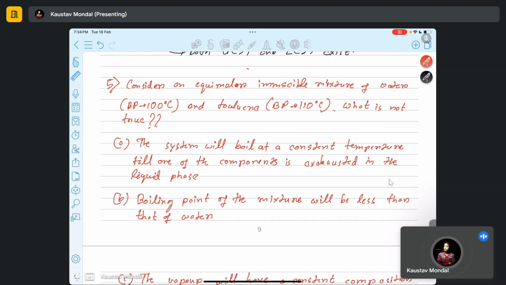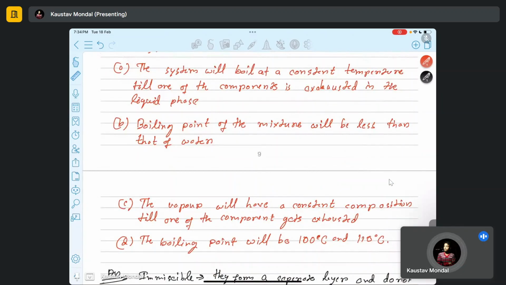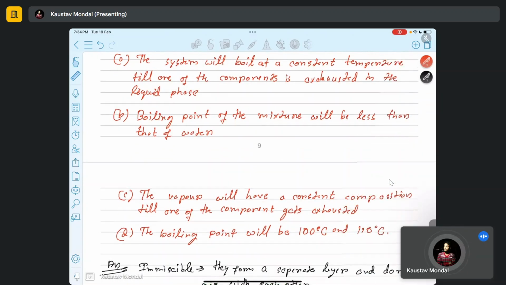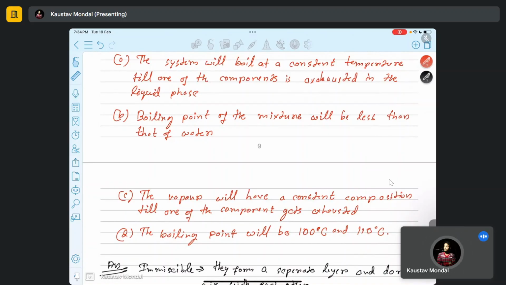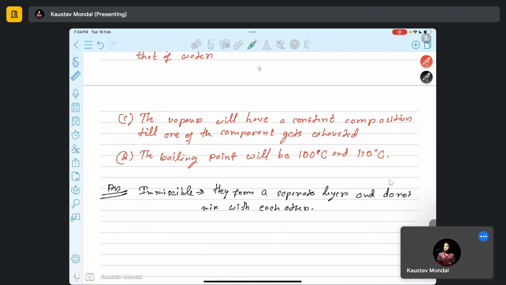Next comes vapor pressure, because in this problem you can see there is a vapor statement. So we have to consider what vapor pressure means. In a mixture of fluids, each of the liquids in the mixture has its own independent vapor pressure, independent of each other.